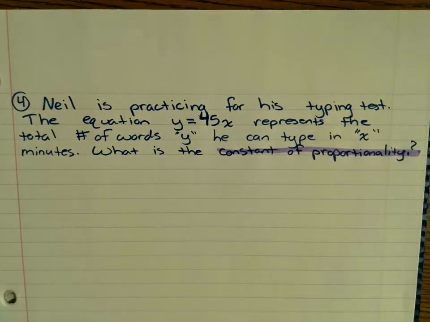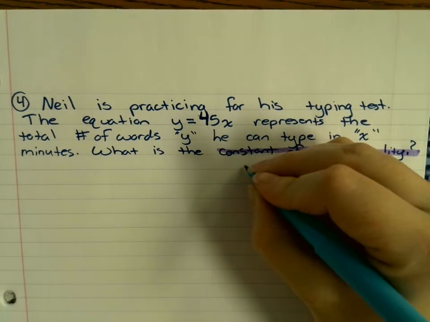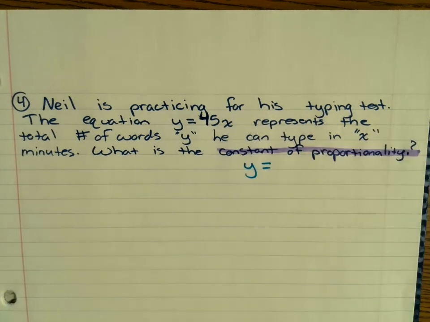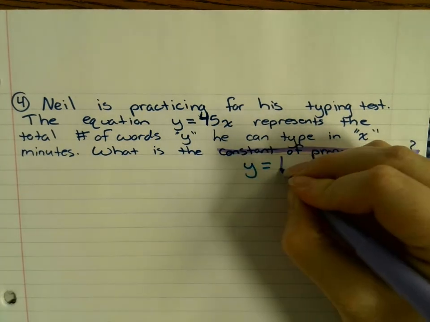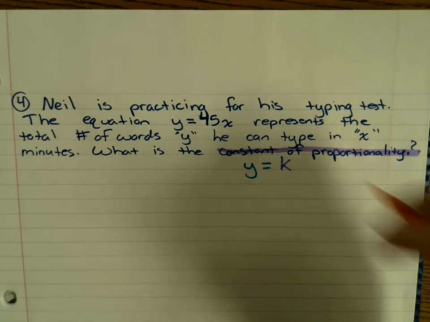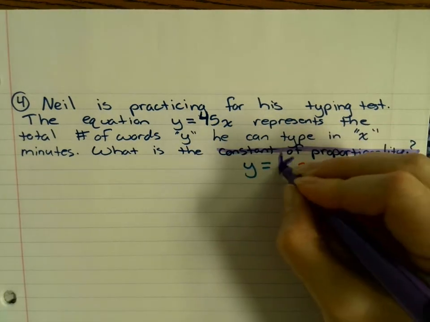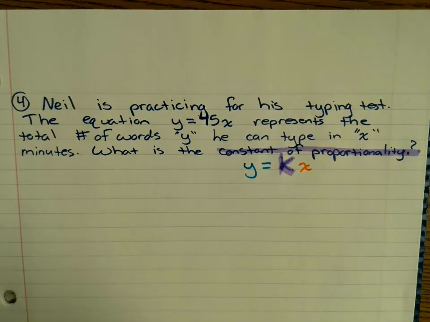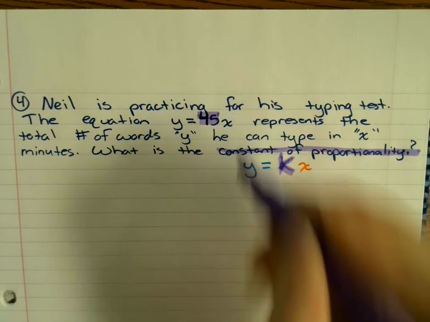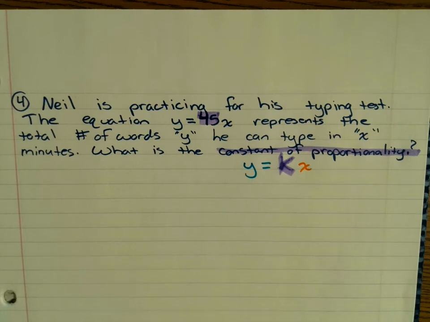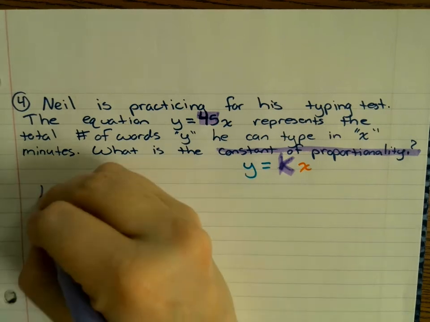So when they're talking about y is equal to k times x, your constant of proportionality is that k. That's what we're looking for. So 45 is the answer. That's it. K is equal to 45.